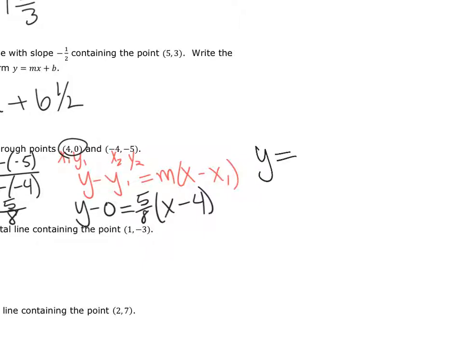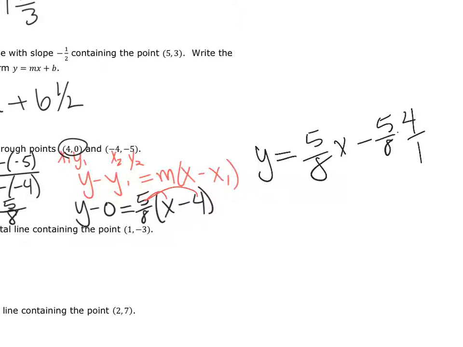So y is equal to, because that 0 is not important in writing it the second time, y is equal to 5/8, and I'm going to distribute the 5/8 onto both of those. So I have 5/8 x minus, and I have 5/8 multiplied by 4.